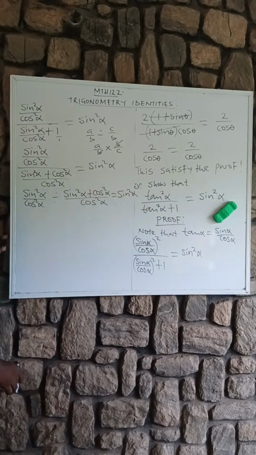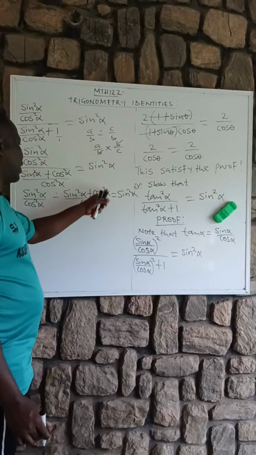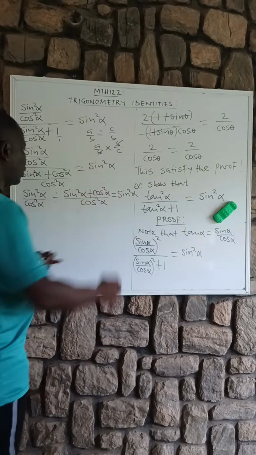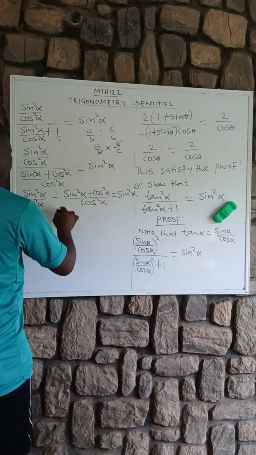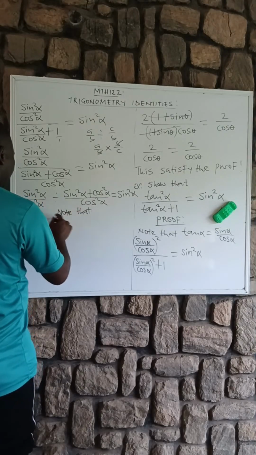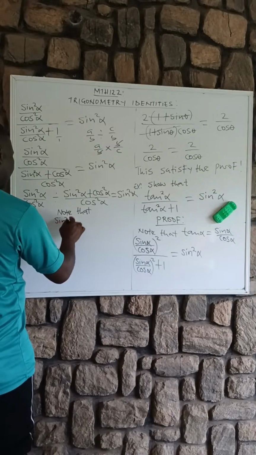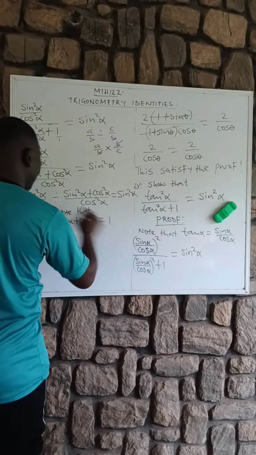True or false? But note that sin square alpha plus cos square alpha is supposed to be what? 1. Note, true or false? Yeah. So note that sin square alpha plus cos square alpha is equals to 1.